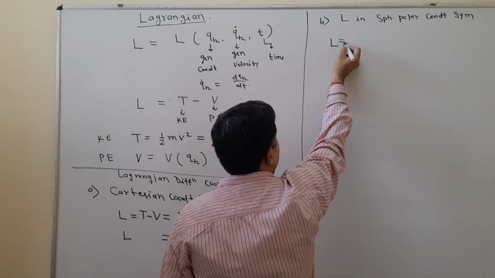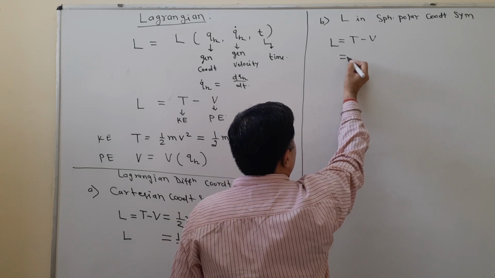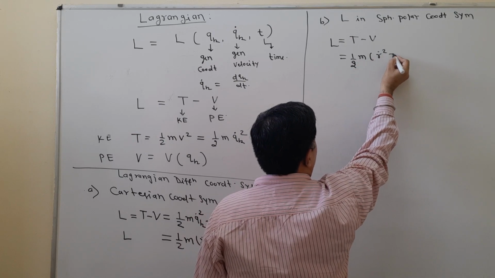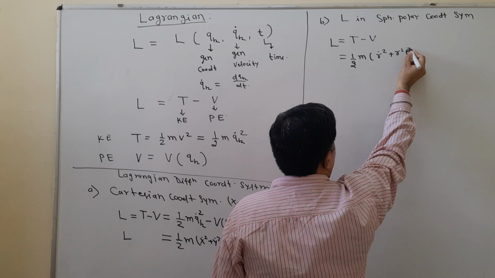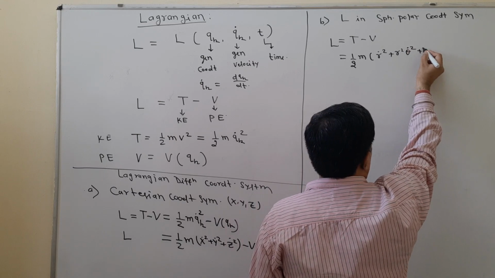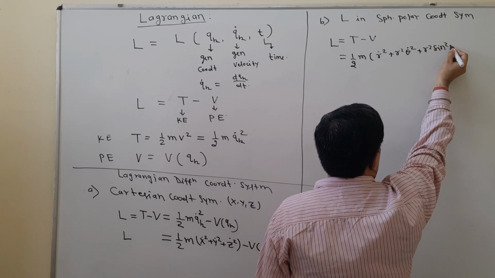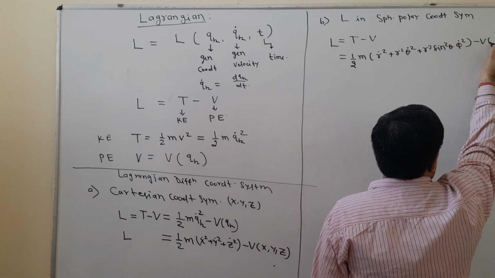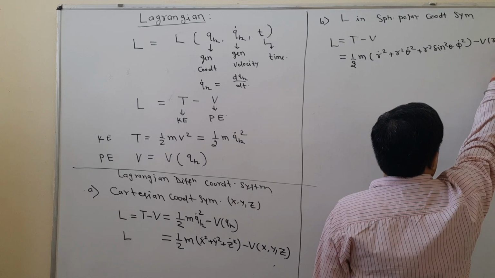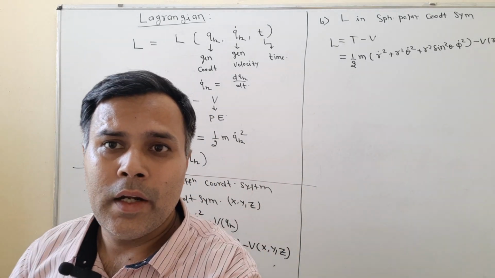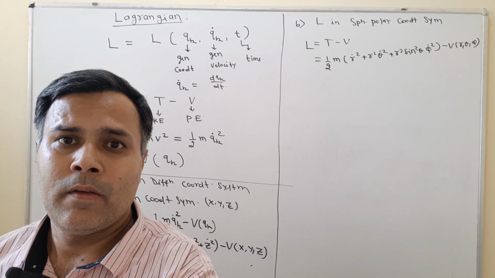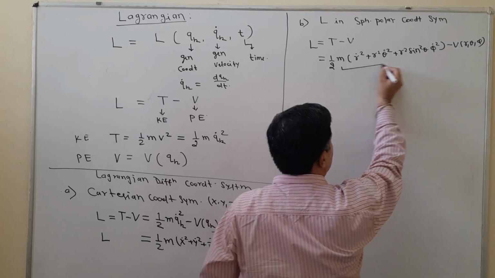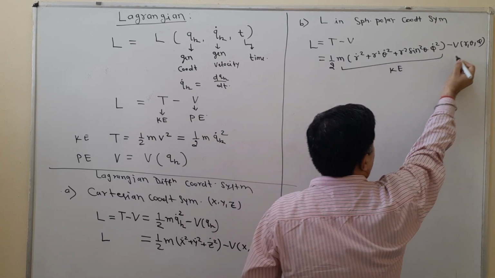So L is again T minus V, which is 1 by 2 m times r dot square plus r square theta dot square plus r square sin square theta phi dot square, minus V of r, theta and phi. This is the kinetic energy term, and this is the potential energy.